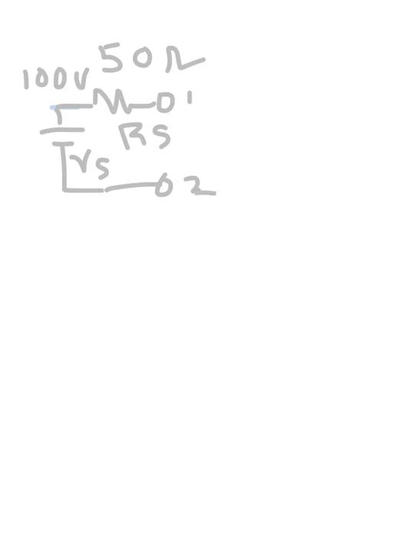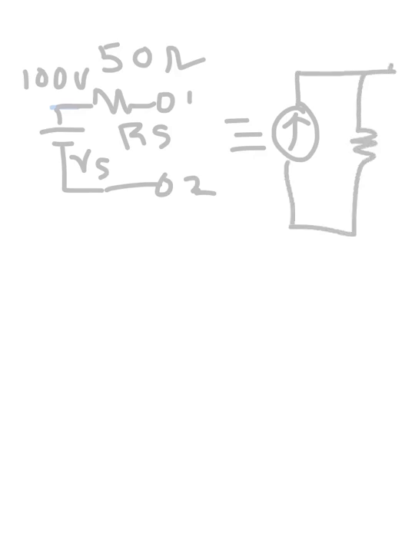We want to convert that to an equivalent current source with a resistor that has pins 1 and 2. Okay, so here's how this works.